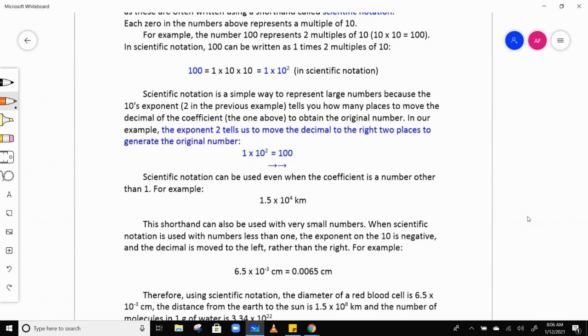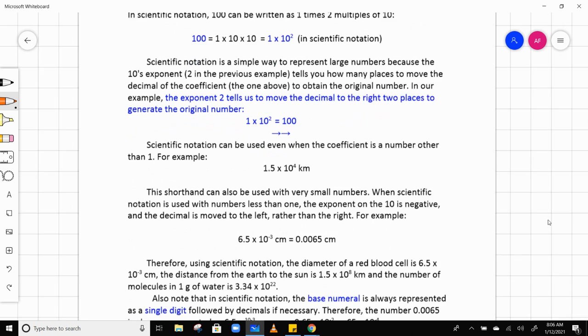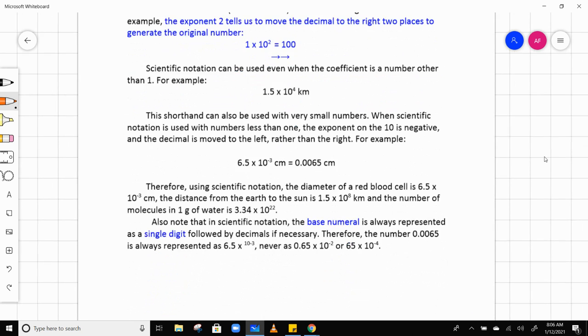All right. So today we're going to learn how to convert from regular numbers to scientific notation and from scientific notation to regular numbers. Okay. So I'm going to skip over this explanation here. I'm not going to do it exactly as they're talking here.